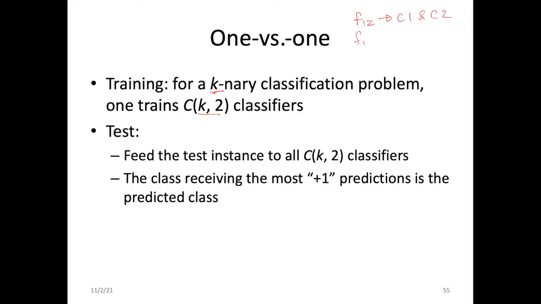F13 is used to distinguish class 1 and class 3, and so on, up to F(k-1)k, which is used to distinguish class k-1 and class k. So in total we have k choose 2 classifiers. And each of them uses part of the training instances for training.